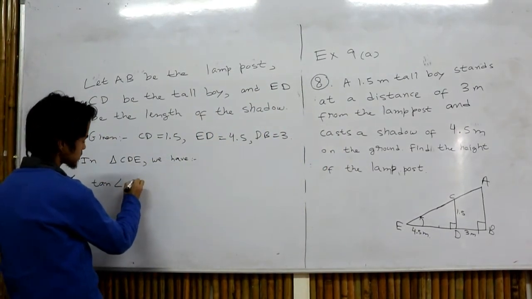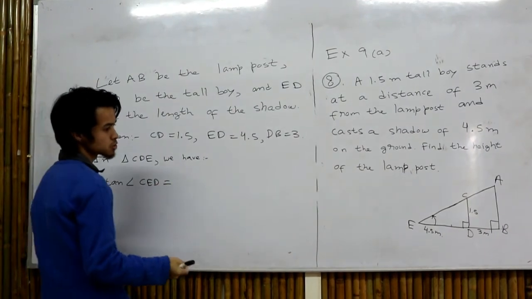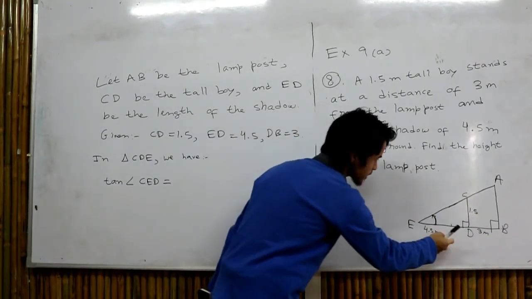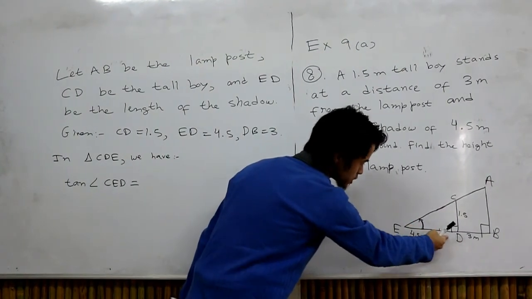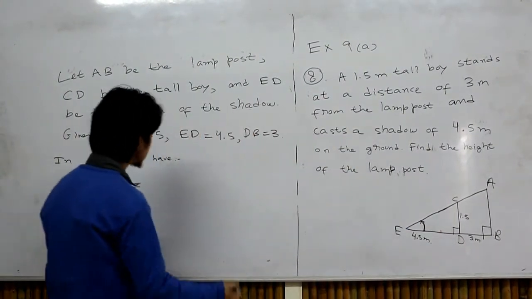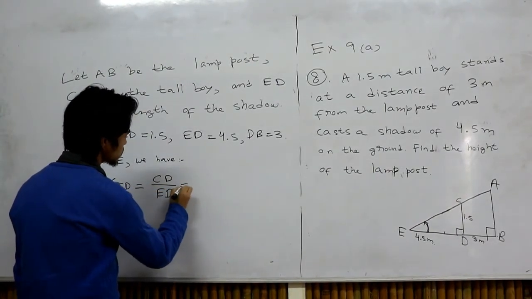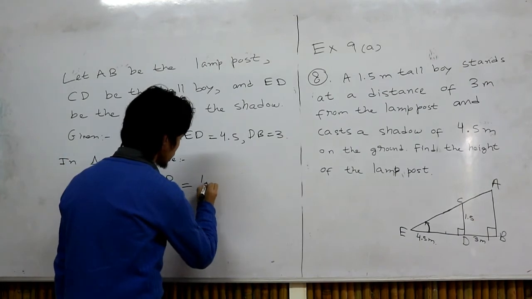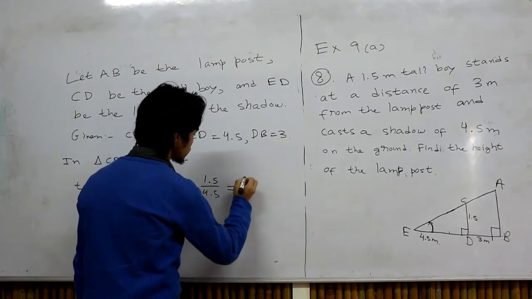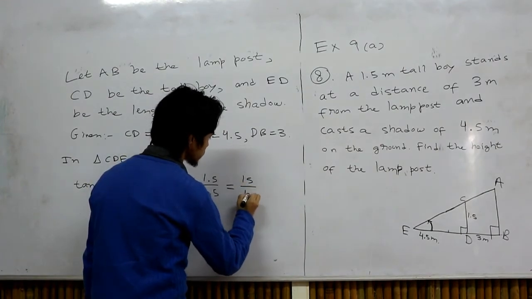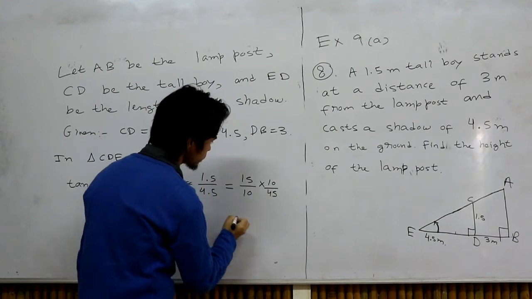So tan of angle CED is equal to perpendicular by base. With respect to this angle, this is the perpendicular because it's the side which is opposite to this angle, and this will be the base. So we'll have CD by ED, which is equal to 1.5 by 4.5, and we can simplify this one. We'll have 15 by 10 into 10 by 45.